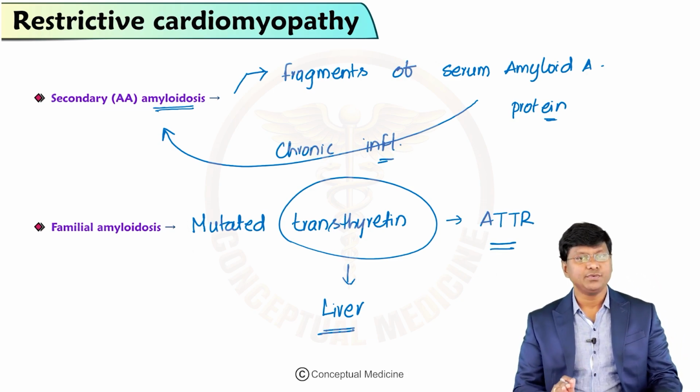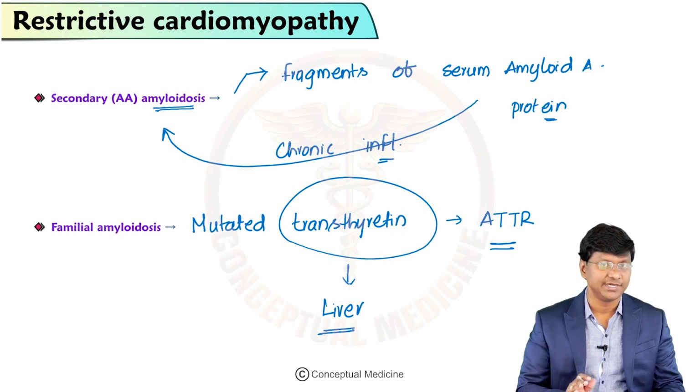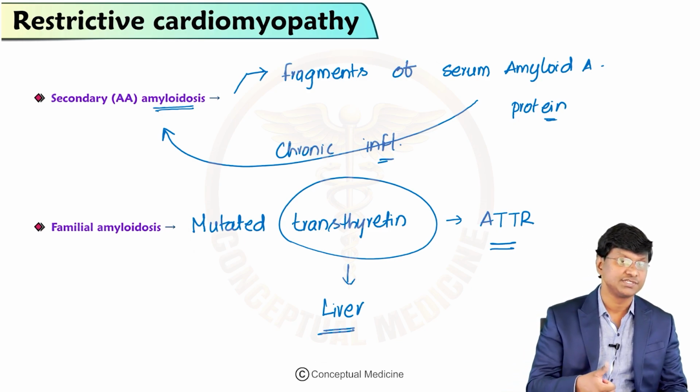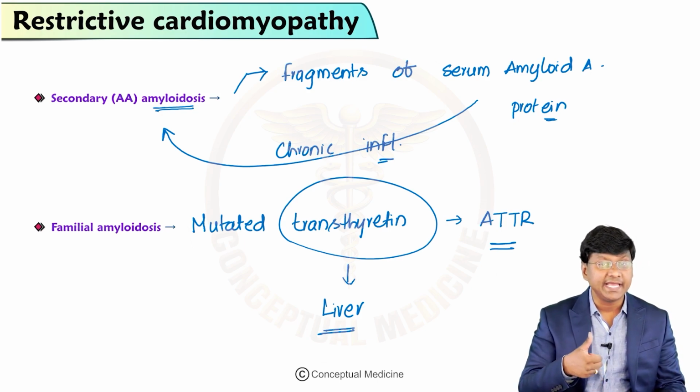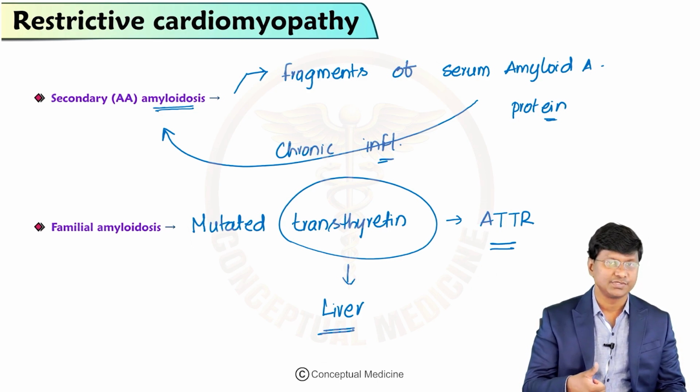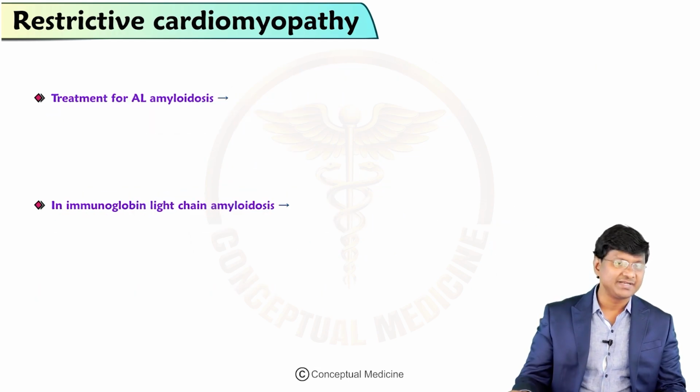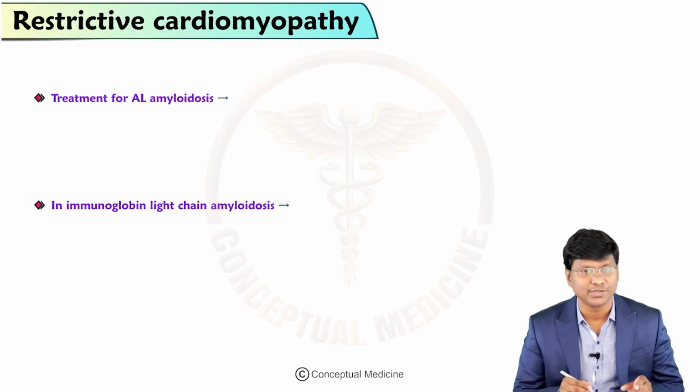Now, after having discussed amyloidosis, the most common form of amyloidosis causing restrictive cardiomyopathy is the AL type, that is light chain amyloidosis. Then what will be the treatment for this AL amyloidosis?